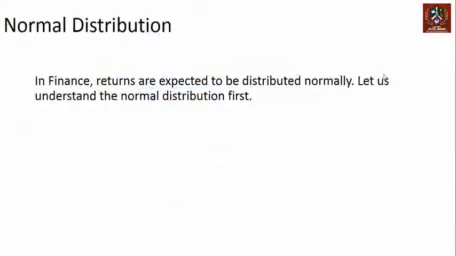Let's see this. So what is being said is that if you have a stock and you look at returns, and let's say this is the average return, and you look at returns for, let's say, 200 days, right? And you try and plot where the return number is. Most of the observations will fall around the mean.